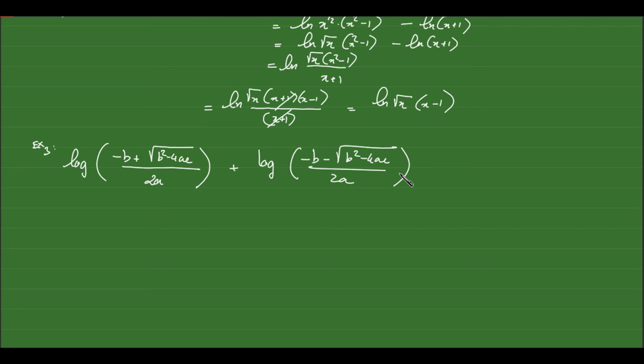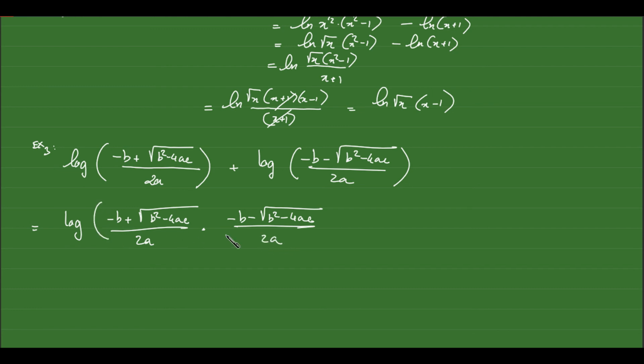We all know that addition of logs will give you the log of the product, which gives you negative b plus square root of b squared minus 4ac over 2a times negative b minus square root of b squared minus 4ac over 2a.